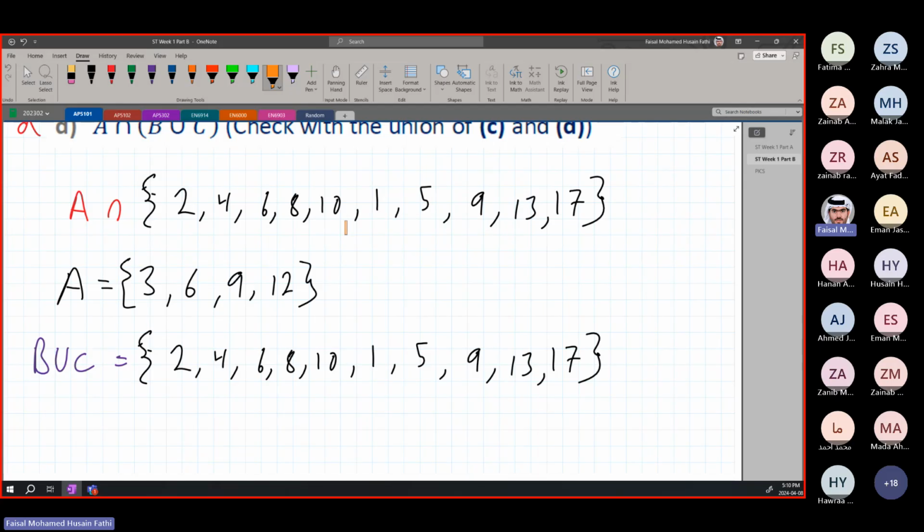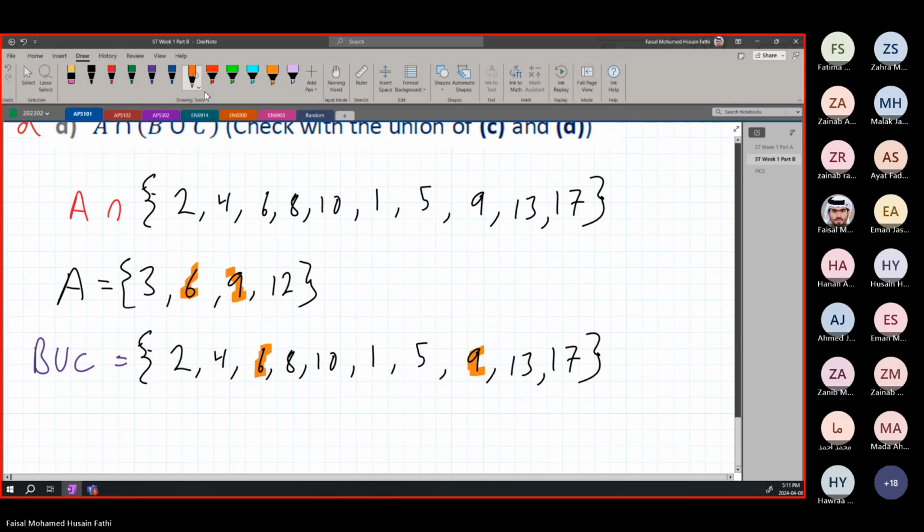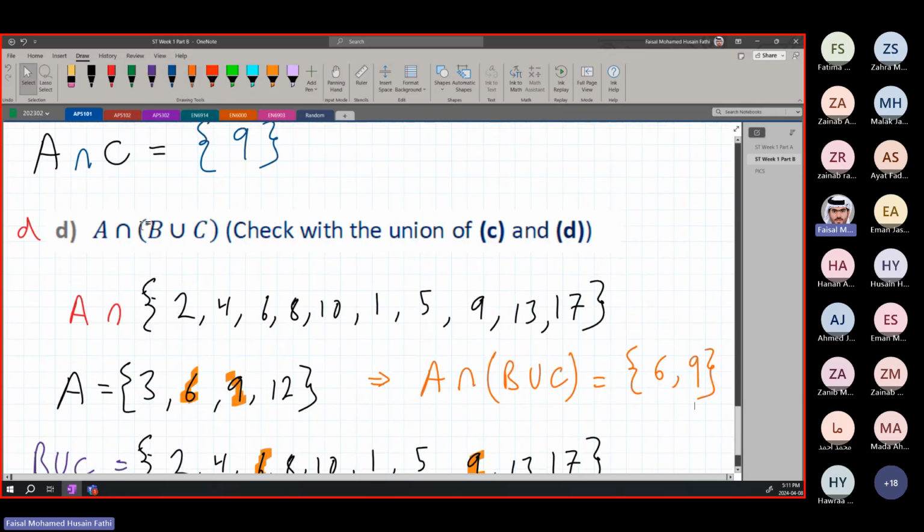Intersection means they are the same. So let's look at 3. Is 3 any of these numbers? No. 6. Is 6 any of these numbers? Yes. There's a 6 over here and a 6 over here. 9. Is 9 any of these numbers? Yes. There's a 9 over here and 9 over here. 12. Is 12 any of these numbers? Nope. So what do we do? This is going to be A intersection (B union C) equal to 6 and 9 only.